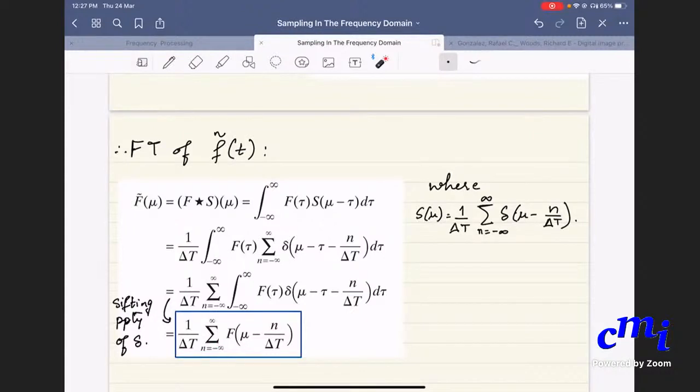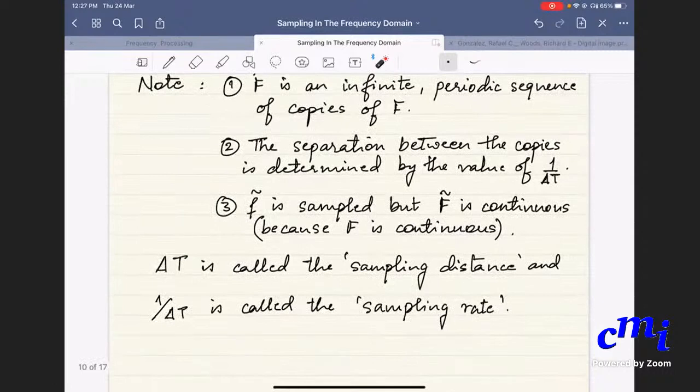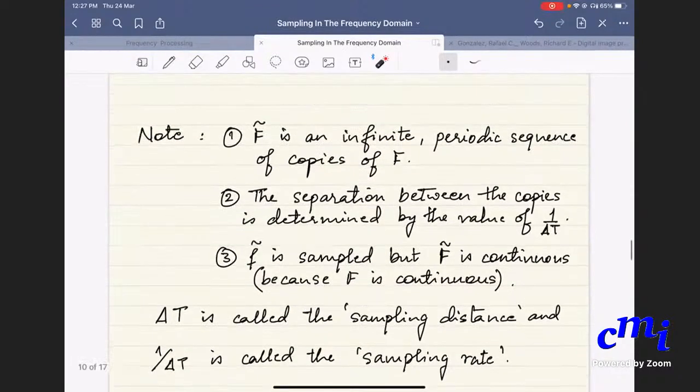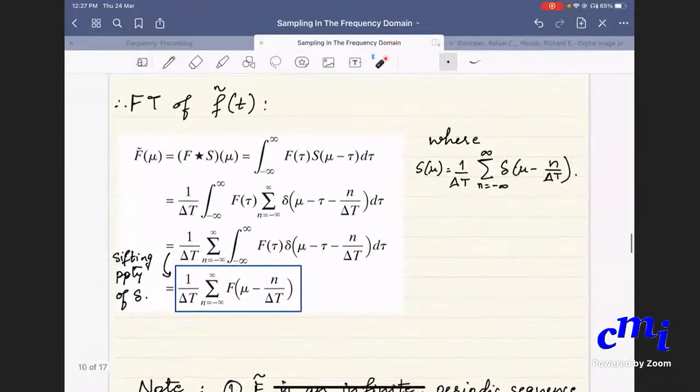So it is a periodic, infinite sum and a continuous function. Now delta t is called the sampling distance and 1 over delta t is called the sampling rate. So if the sampling distance in the impulse train was delta t, then the Fourier transform of that sampled function has sampling rate 1 over delta t.